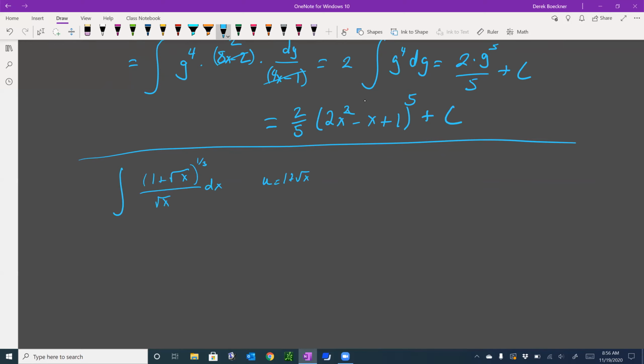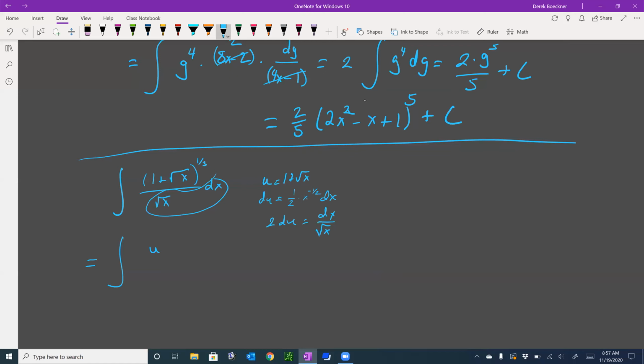So we're going to get du is equal to 1/2 times x to the minus 1/2 dx. There's an x to the minus 1/2 dx, so I'm going to get 2 du equals dx over the square root of x. And then I've got my substitution right away.